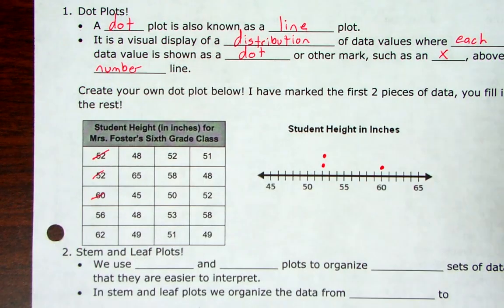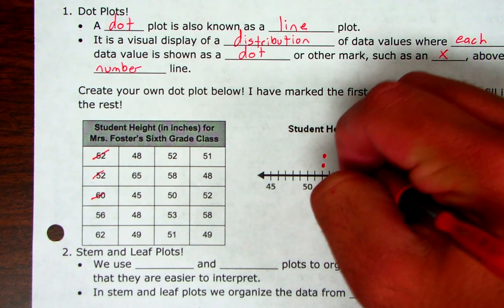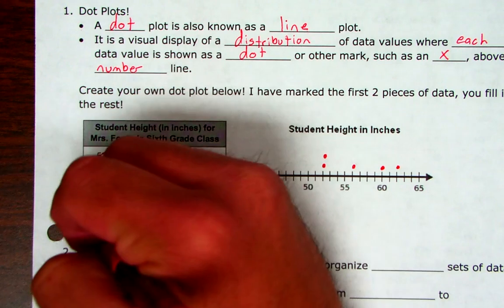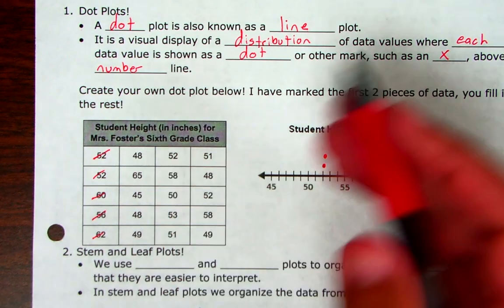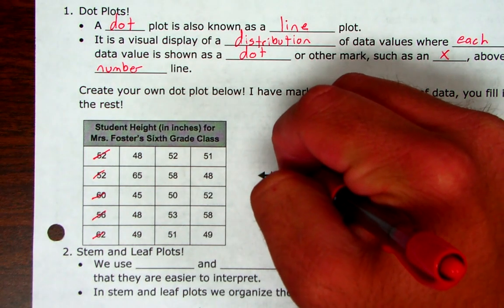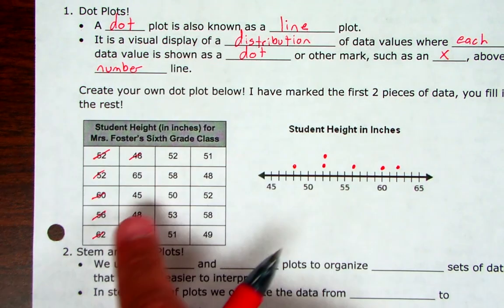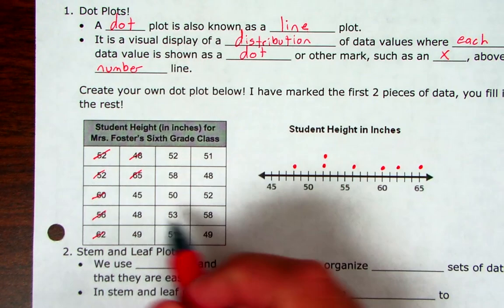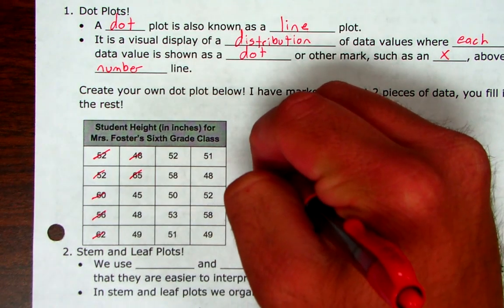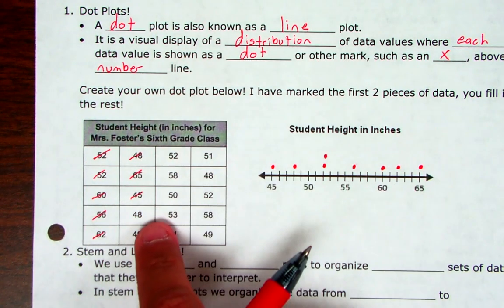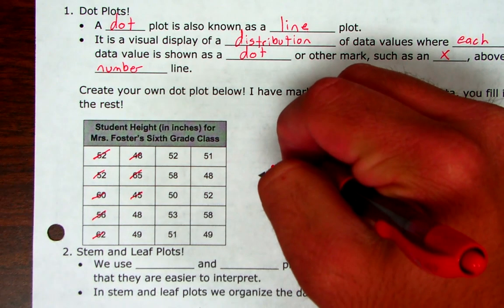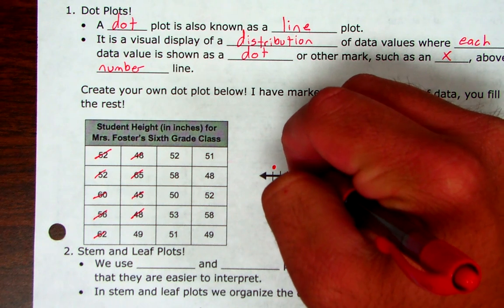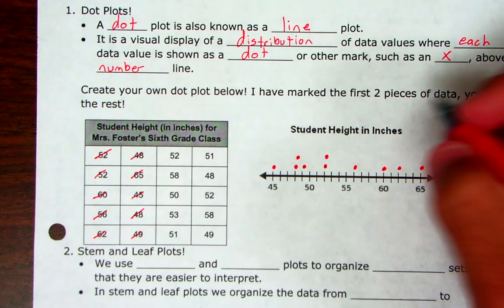Then I have a 56. Then I have a 62. Then a 48. Then a 65. Then a 45. Then a 48. Then a 49. Then a 52.